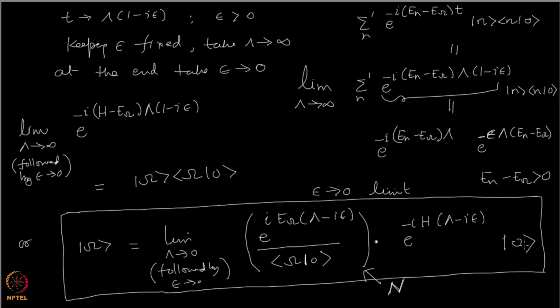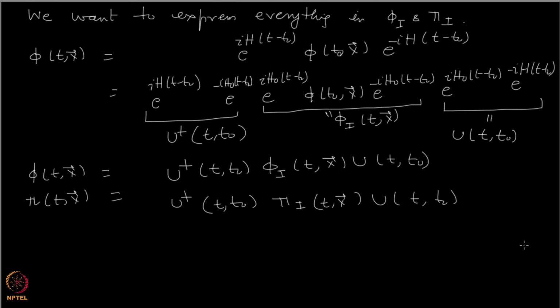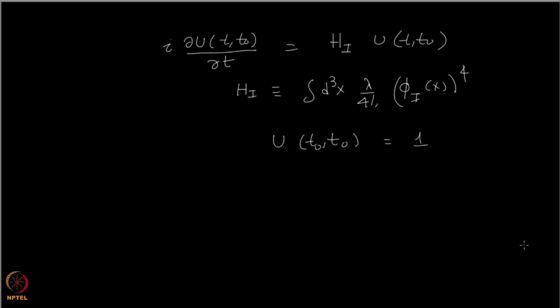Okay, so yeah, I think I should write e to the minus iH lambda minus i epsilon, times some constant factor N here, and this is what we have found till now.